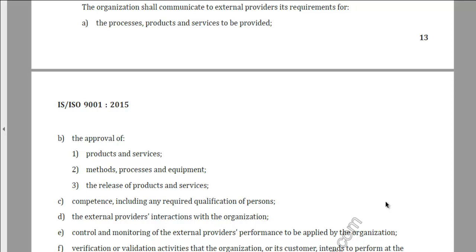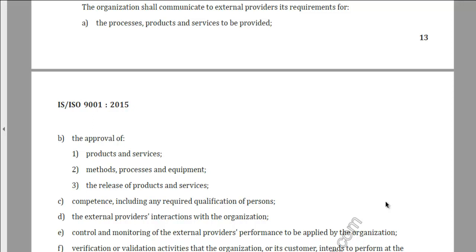The organization must communicate the competence or any other qualification needed for people who are involved in delivery of the product or service. The organization must communicate the external provider's interaction within the organization.